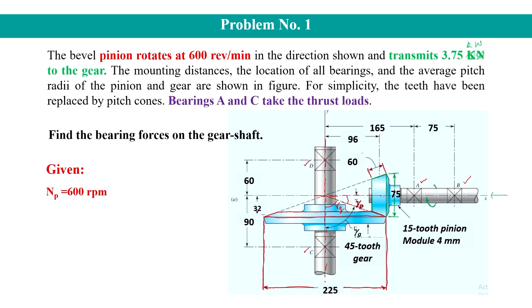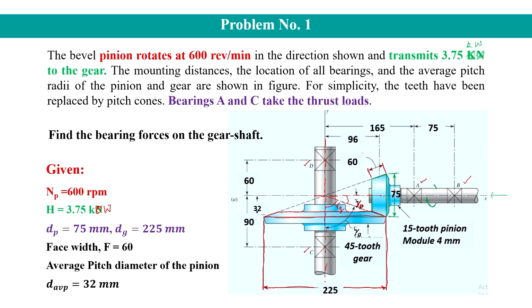Now, the given are number of revolutions of the pinion 600 rpm, the power which you have to transmit H is 3.75 kilowatt, and pitch circle diameter of the pinion 75 mm, pitch circle diameter of the gear 225 mm, face width is 60 mm, and the average pitch diameter of the pinion.